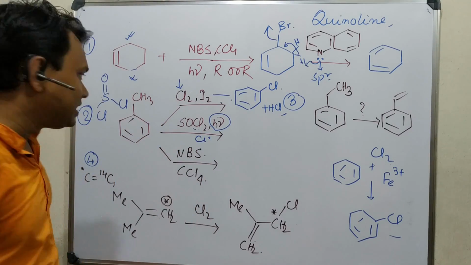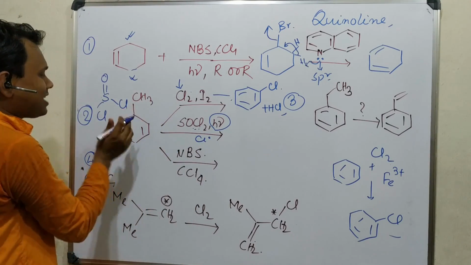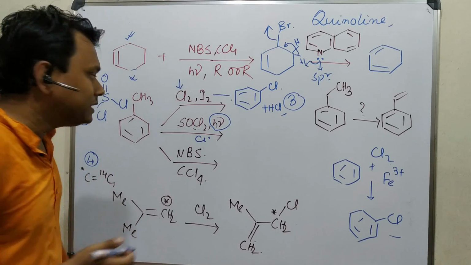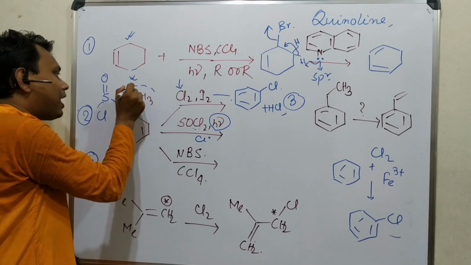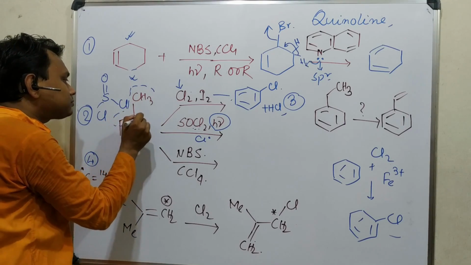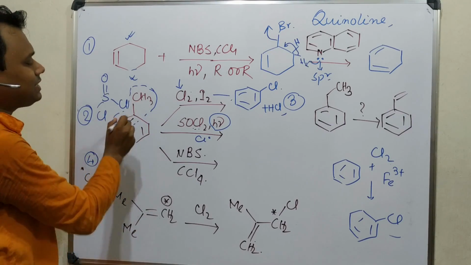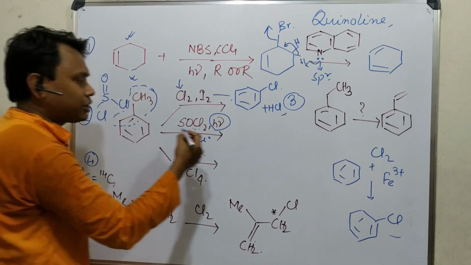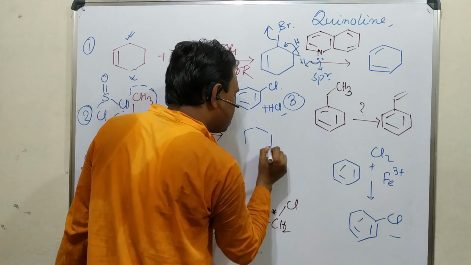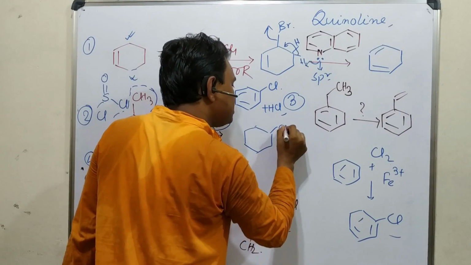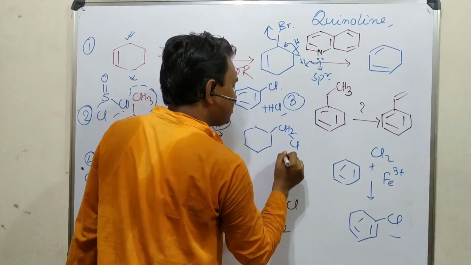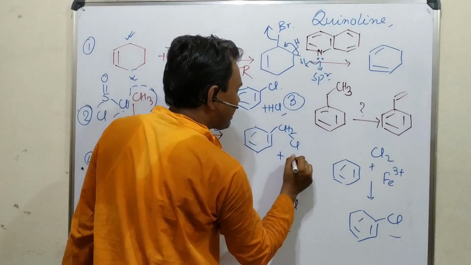As we previously explained for propene, this toluene is also like propene, because this position is benzylic. Similarly, the reaction will happen and ultimately produce CH2Cl plus HCl.